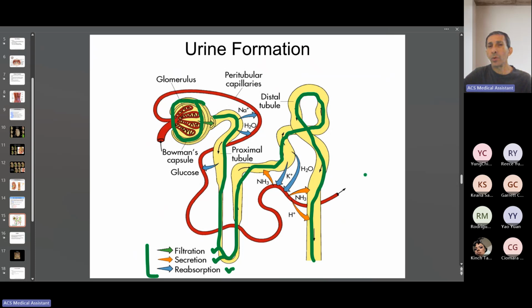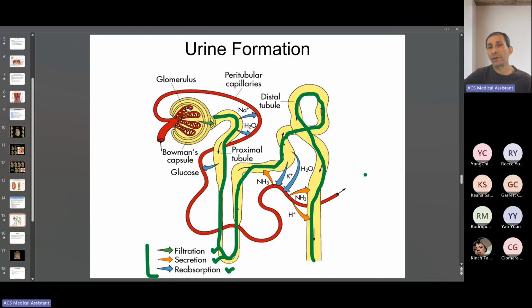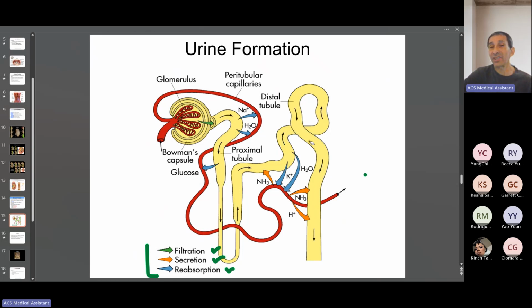So we're going to see in which parts of this nephron each one of these functions takes place. Every single nephron, remember, we have 1 million nephrons in each kidney, and the process happens at the same time when blood is passing through these particular structures.